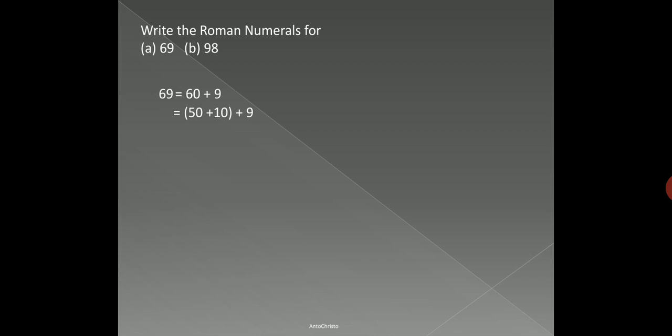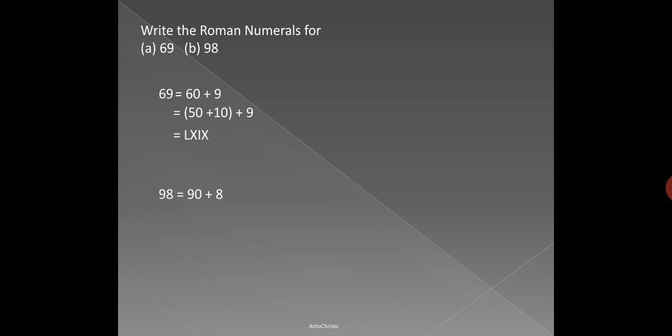So when I write 50 plus 10, I know to write the symbol for 50. I know to write the Roman numeral for 10. And also I know to write the Roman numeral for number 9. So that's why I'm just splitting it. Now, 50 can be written as L, 10 can be written as X, and 9 can be written as IX. So LXIX will be the Roman numeral for 69.